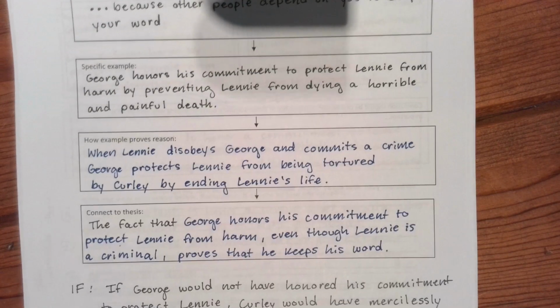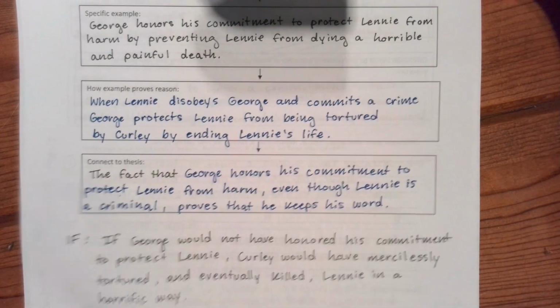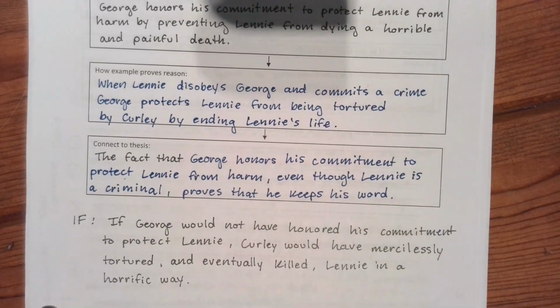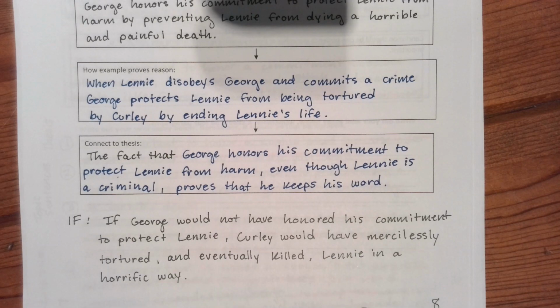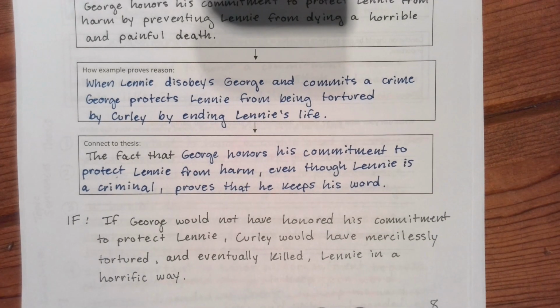And then lastly, we end with an if sentence to flip it around and say, what would have happened if George did not honor his commitment? So we can say, if George would not have honored his commitment to protect Lenny, Curly would have mercilessly tortured and eventually killed Lenny in a horrific way.